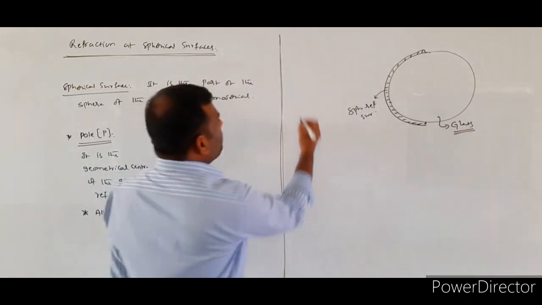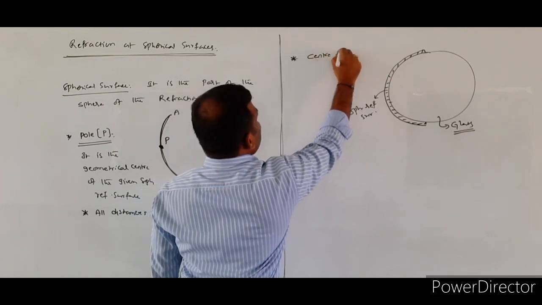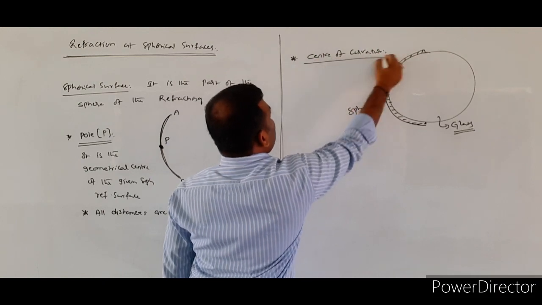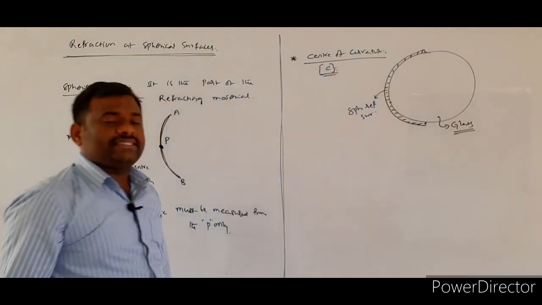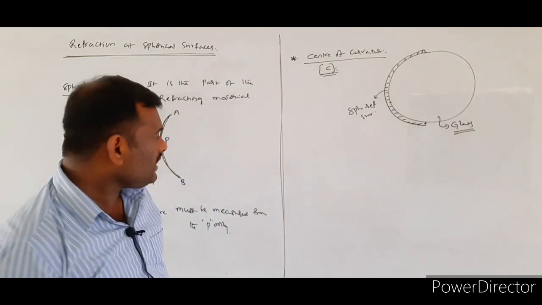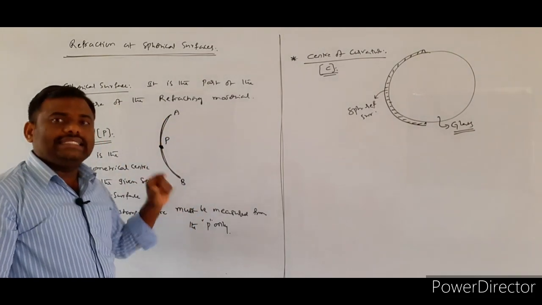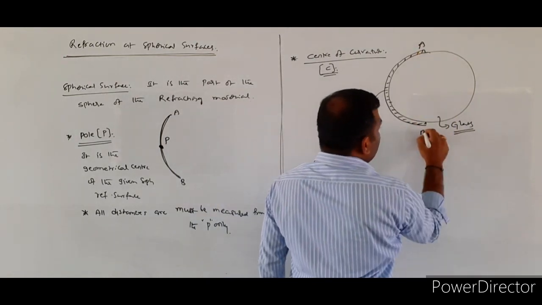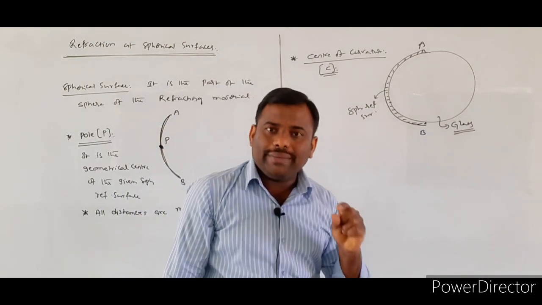Next, the next definition is the center of curvature. So what is the center of curvature and how can we define it? The center of curvature is represented with the symbol capital C. Whatever spherical refracting surface we assumed, AB, this surface is taken from the sphere of refracting material.